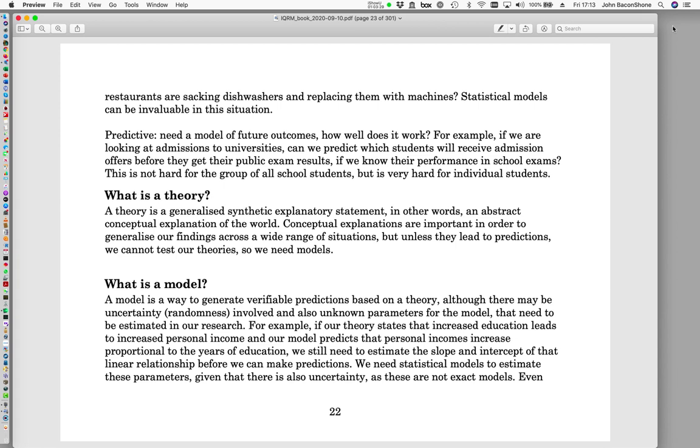And then the third and final level in my hierarchy is predictive. In other words, what if we want to make a model of future outcomes and we want to understand how well would it work? For example, if we are looking at admissions to universities, can we predict which students will receive admissions offers before they get their public exam results if we know their performance in school exams?